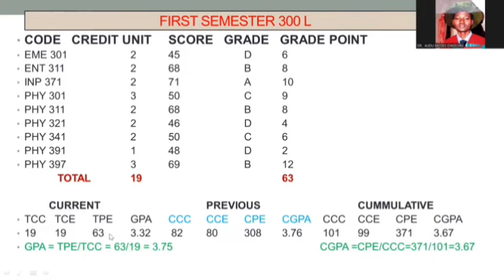So if you add 63 to 308, you have 371. So the CGPA is what? 371 over 101, which will give us 3.67.